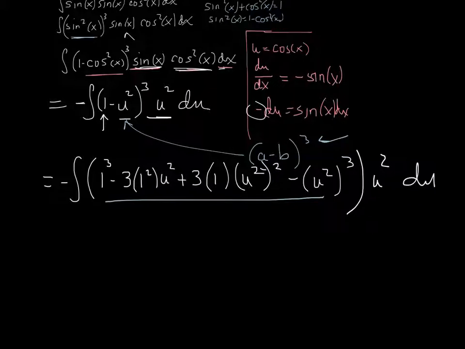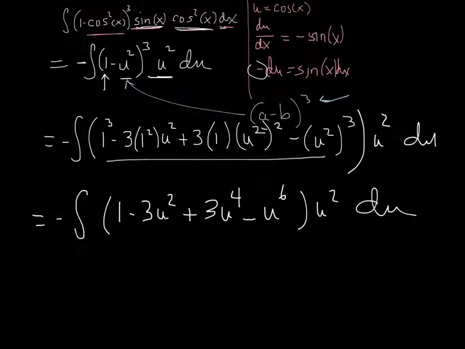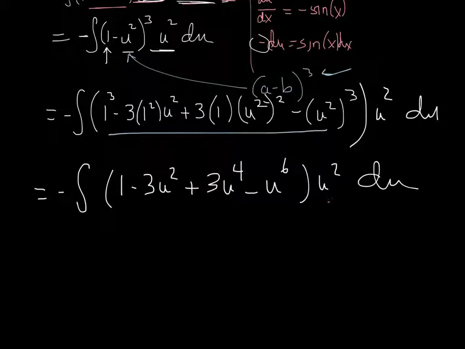Alright, so now we simply have minus the integral of 1 minus 3u squared plus 3u to the 4th minus u to the 6th, times u squared, du. Then I can distribute out this u squared to everything in the parentheses.